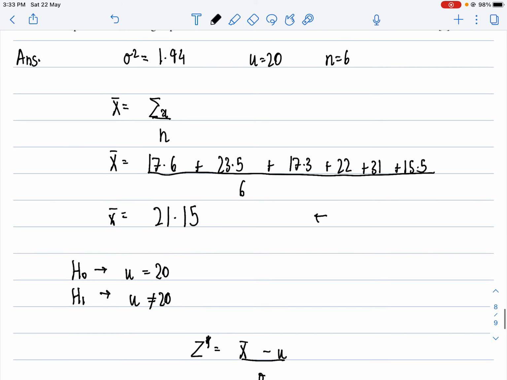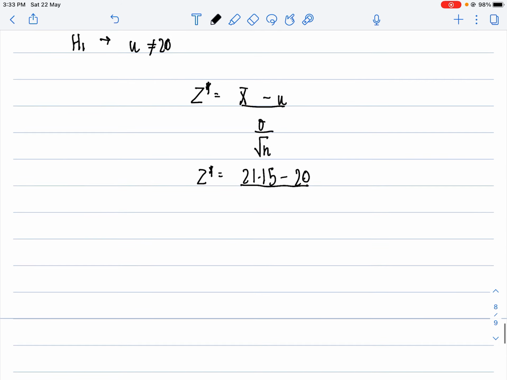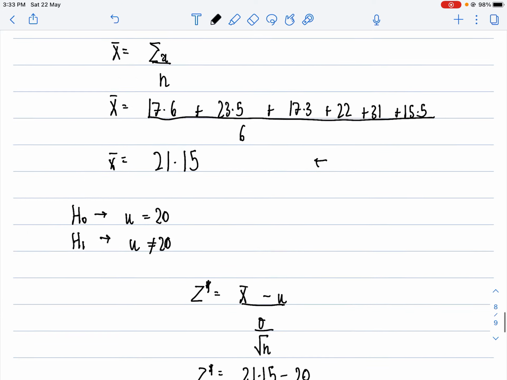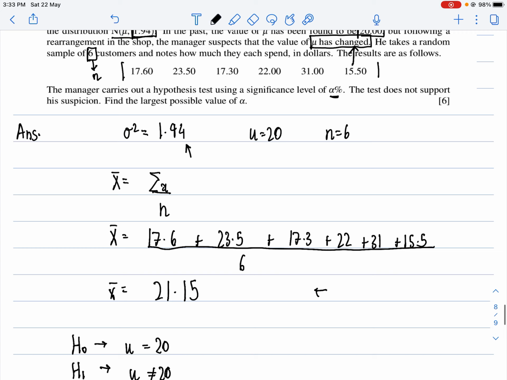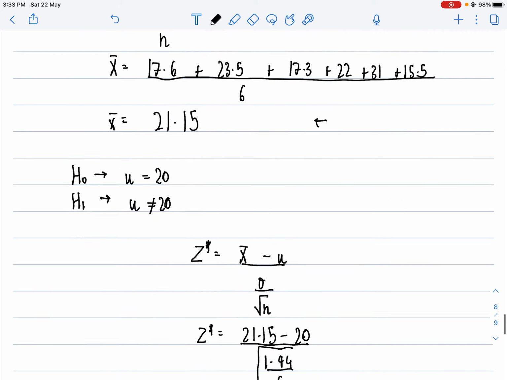The standard deviation is the square root of 1.94, because the standard deviation is the square root of the variance. So I can write this as root of 1.94 over 6, because 6 is the number of people he took.